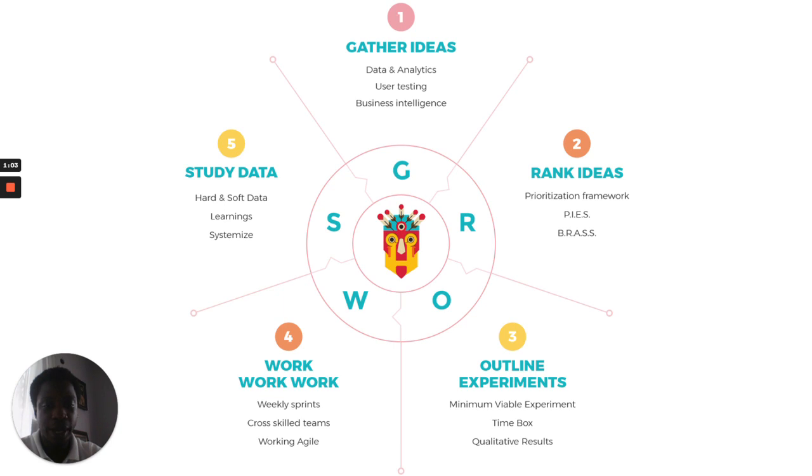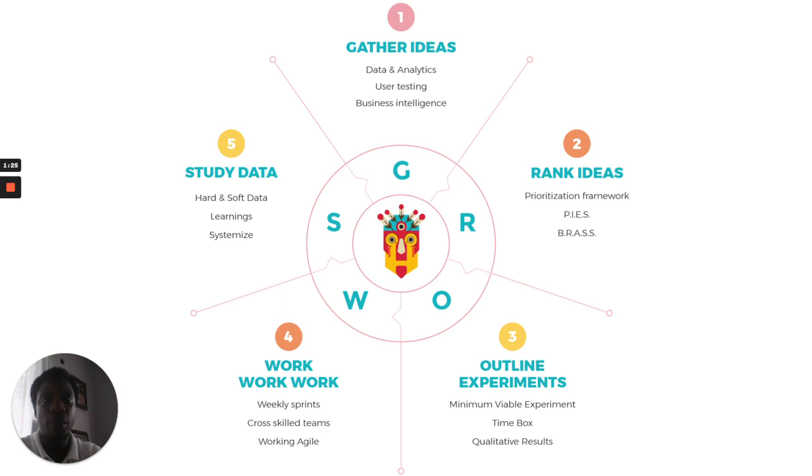And then when you've ranked the ideas, the next stage is to outline your experiments, and then you get to work and actually experiment, and then you study your data, and whatever you learn from that data feeds into another new idea that you're trying to use to grow anything.